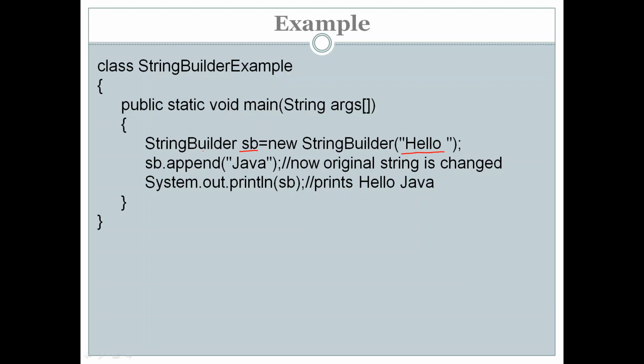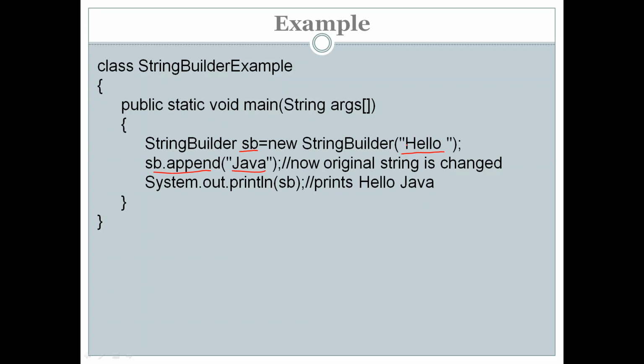Now suppose I want to add some more characters to the character sequence. Originally I have hello in sb. Suppose I want to add Java to it, I may use the method append, which we have studied. sb.append, and whatever you want to add at the end of the original string, pass it, that is Java.